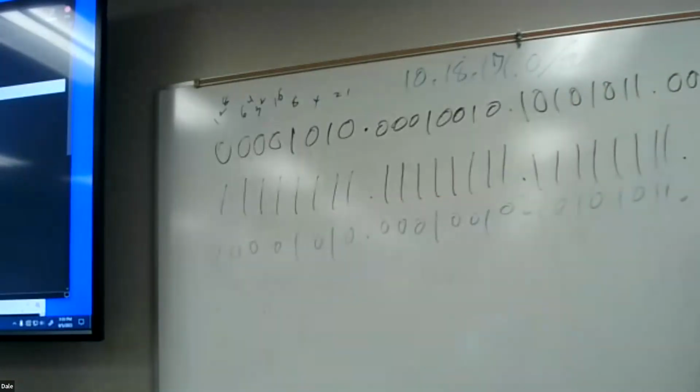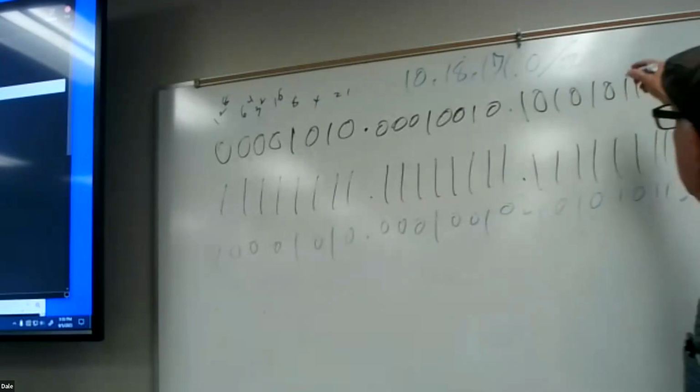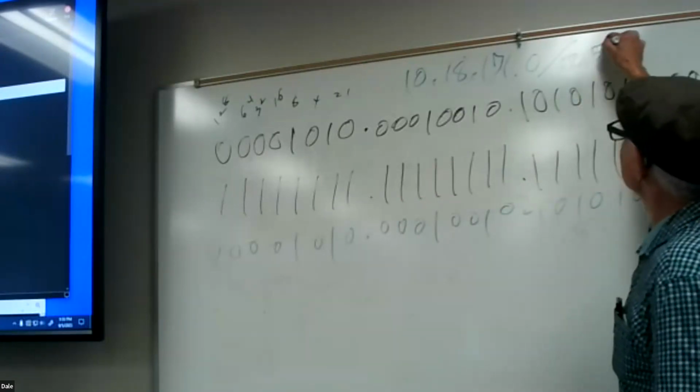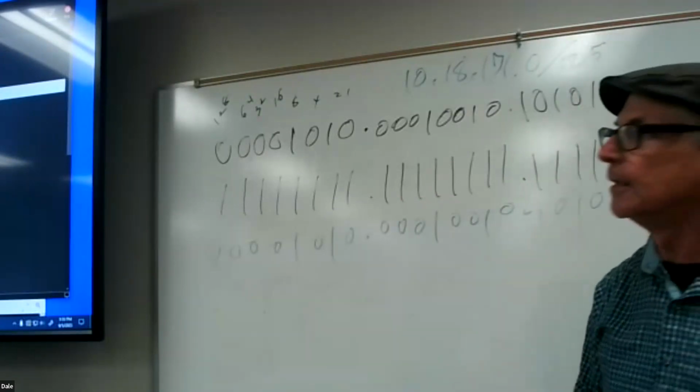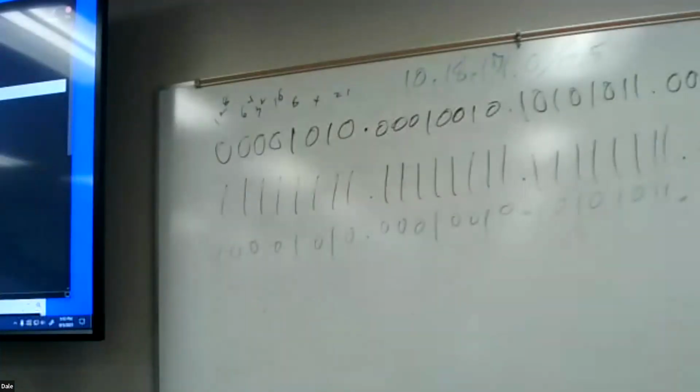So we need to put a 1 here. So what's that number going to be if I have a single digit number there? 128. So if my net mask is 25, my net mask is 255, 255, 255, 128.